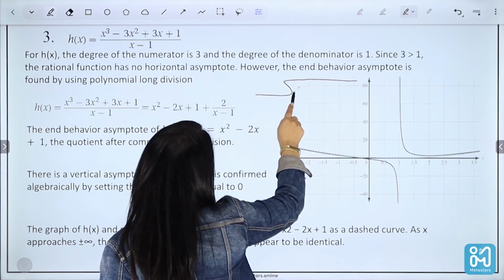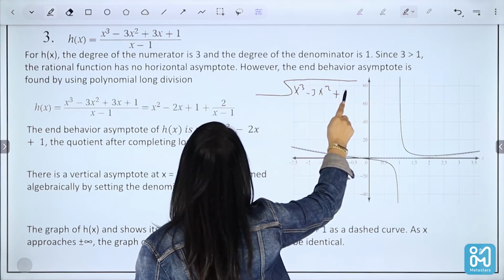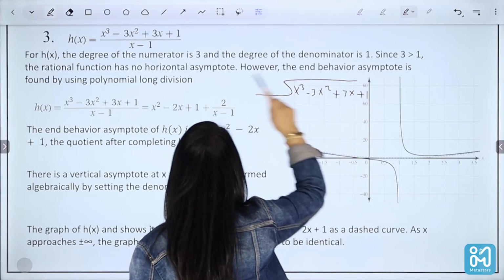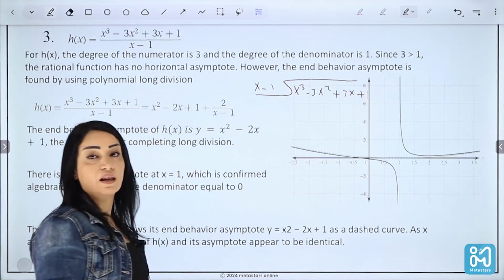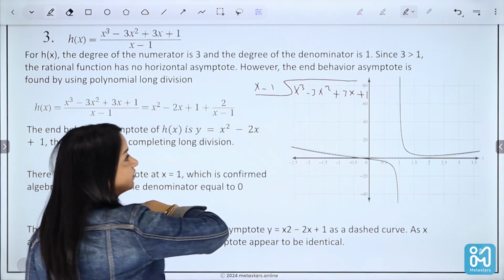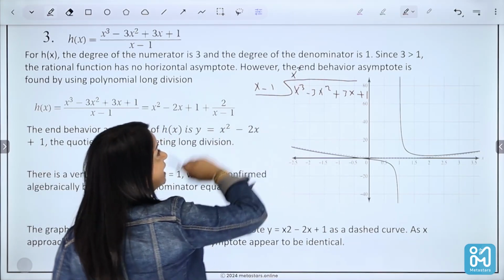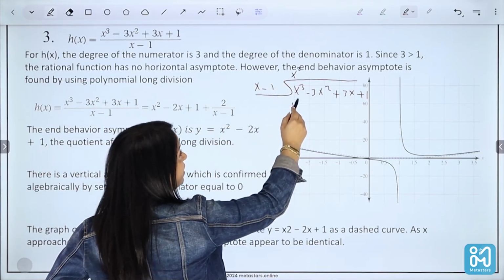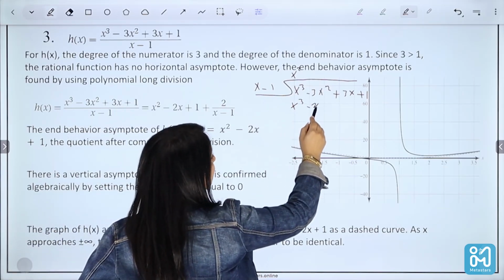It's x cubed minus 3x squared plus 3x plus 1 divided by x minus 1. As in long division, I only need to take the first term over the first term. x cubed divided by x is x squared. x squared times x is x cubed. x squared times negative 1 is negative x squared.